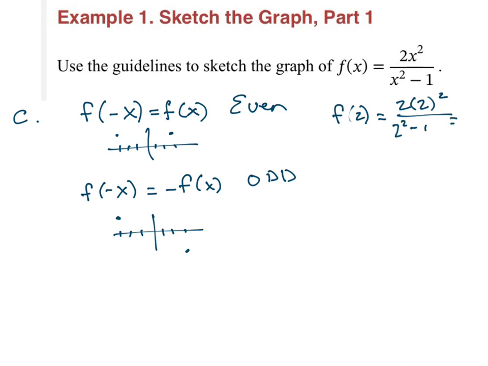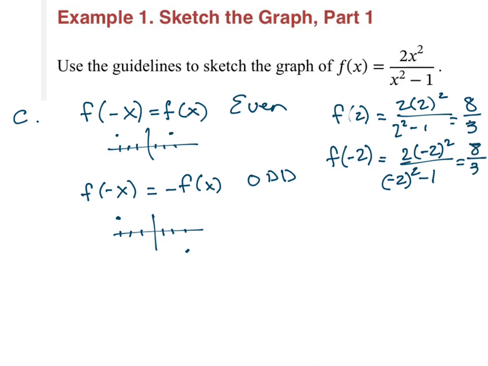If I plug in a 2, 2 by 2 squared, that's 4 by 2 is 8 on top. 4 minus 1, 8 over 3. Y'all agree? Okay. Now try negative 2. 8/3 again. Yeah.